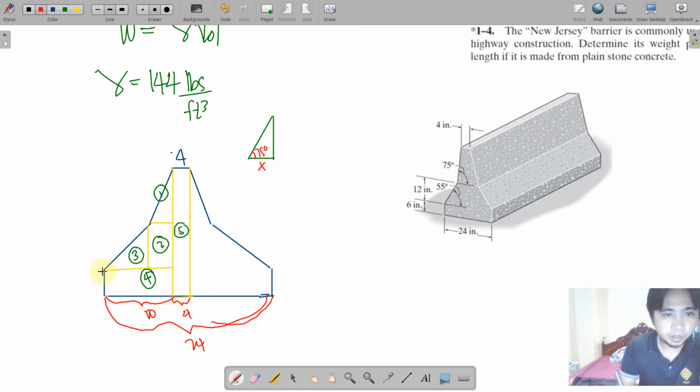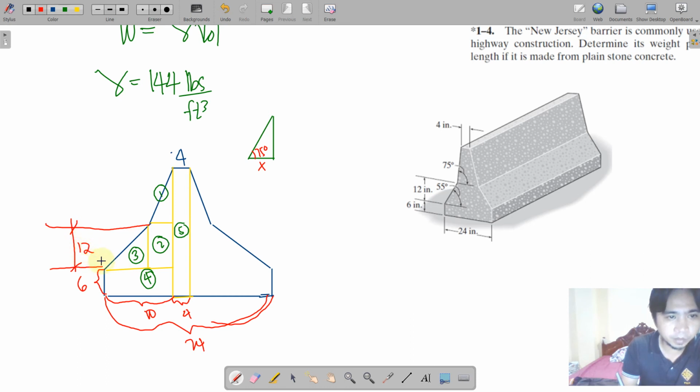And what else do we know? We know this to be equal to 6. And then this one is how much? This is 12 inches. So we still have progress. If we could work with the triangle 3, then we can obtain this base, right?